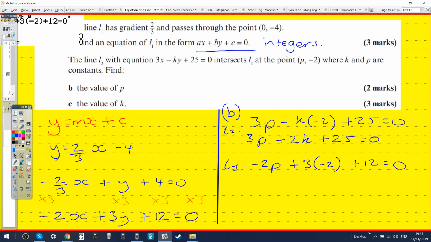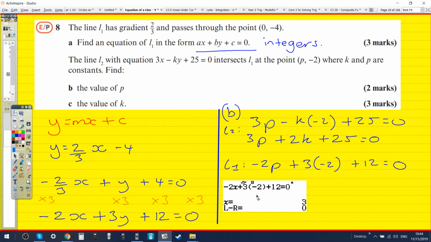And so to find the value of K, do I just need to do 3 brackets 3 minus K brackets minus 2 plus 25 equals 0?